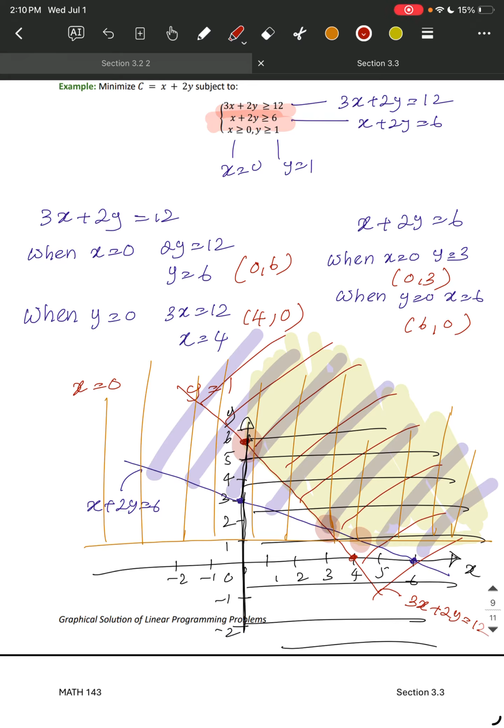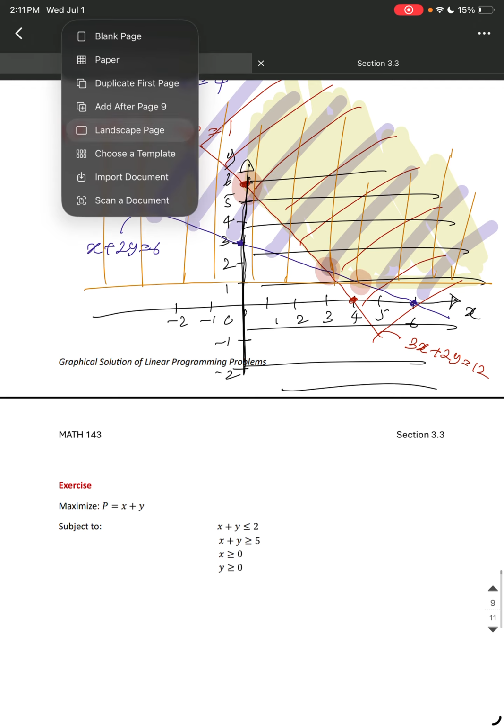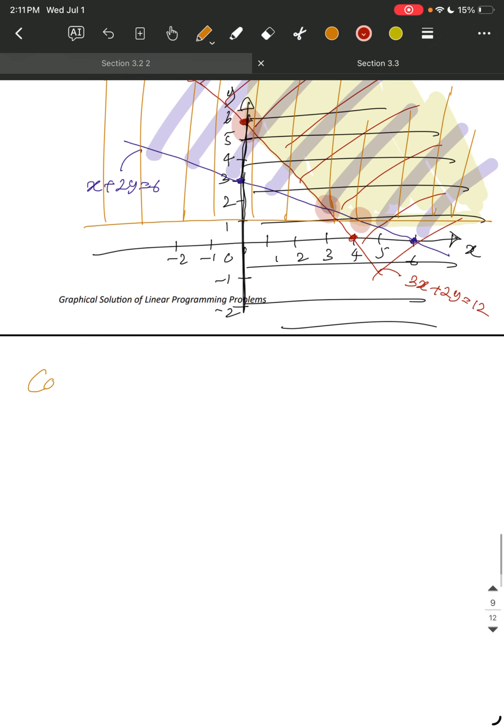So what are the corner points then? Oh, yes. Yes, only 3 corner points. Let's find the corner points.